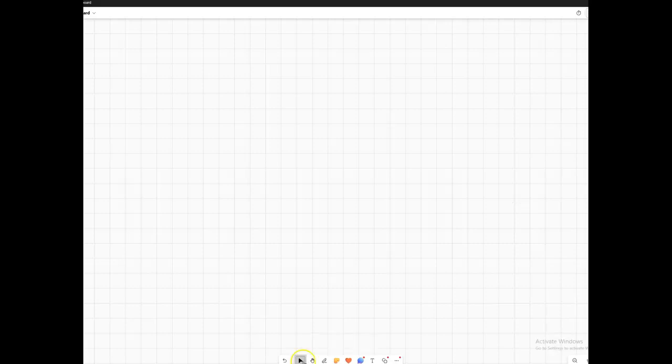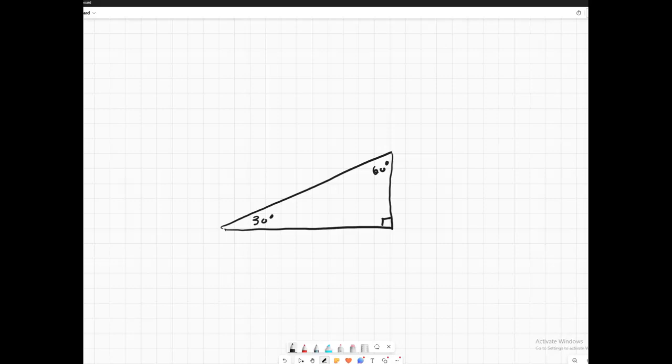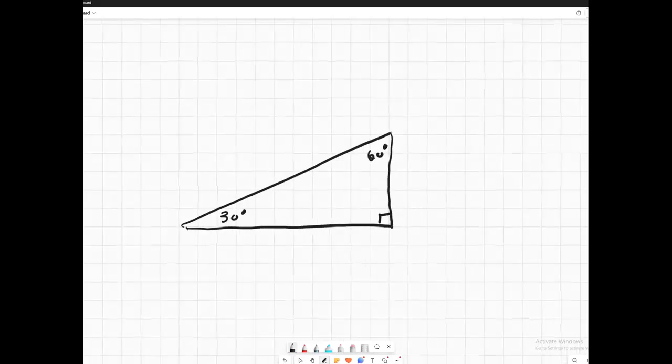Part of the reason why trigonometry is difficult is because of our deep-seated understanding of degrees, or rather our lack of understanding. I need you all to imagine that you're back in geometry class and you're seeing a 30, 60, 90 triangle for the first time.